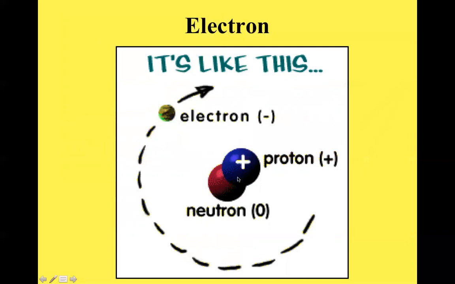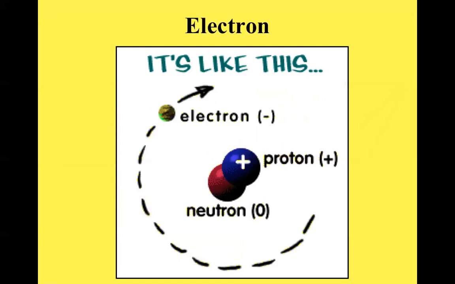But in any event, what makes this work and keeps us as an entity called an atom is the fact that you have the positives pulling on the negatives. Most of the mass is in the center, called the nucleus, and the electrons are circulating around the outside. So we've gone from quarks to subatomic particles.